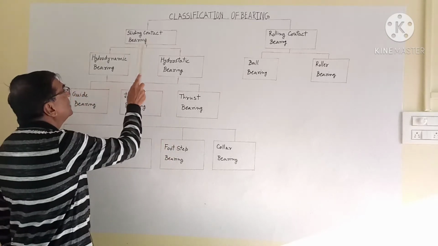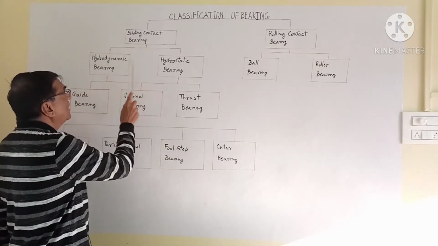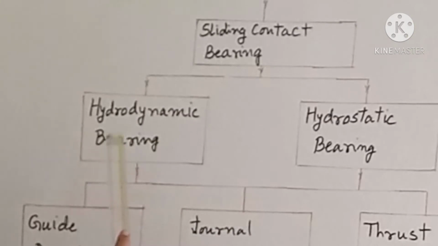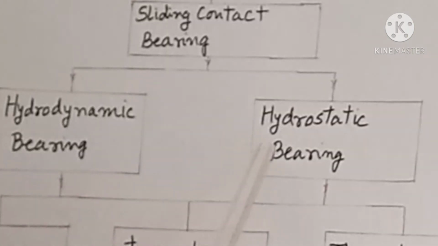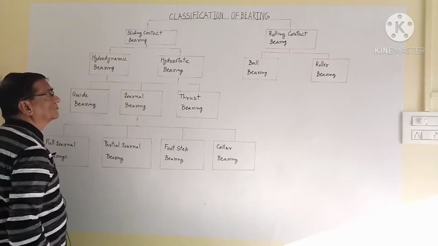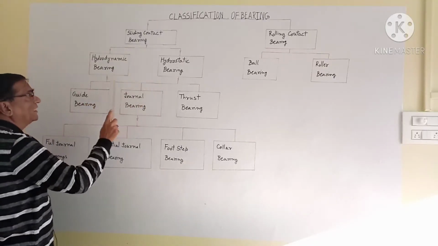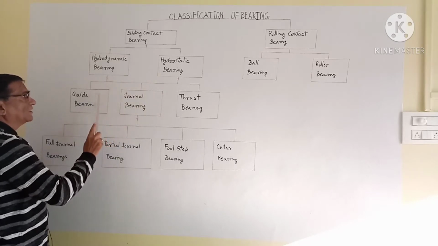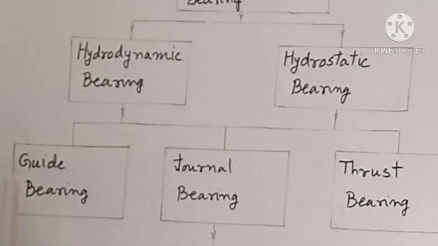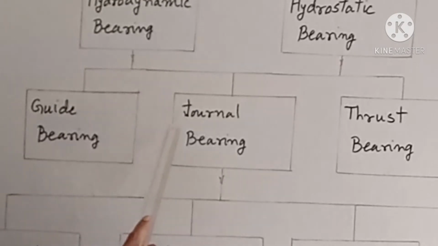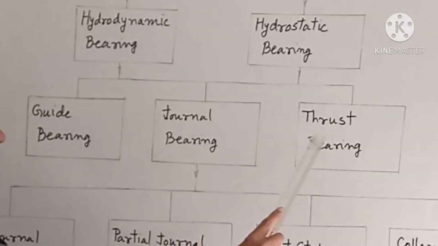Now, sliding contact bearings are further classified as hydrodynamic bearing and hydrostatic bearing. Both hydrodynamic and hydrostatic bearings are further classified as guide bearing, journal bearing and thrust bearing.